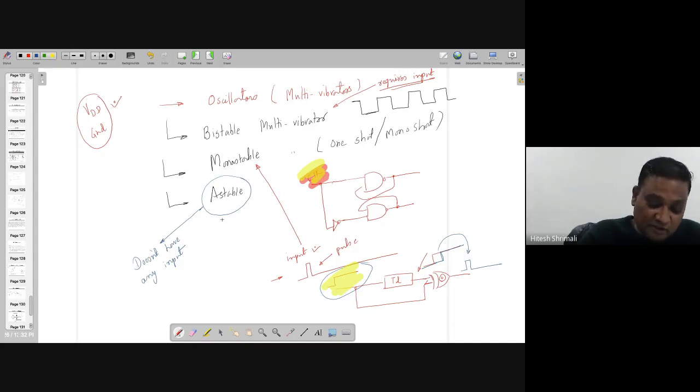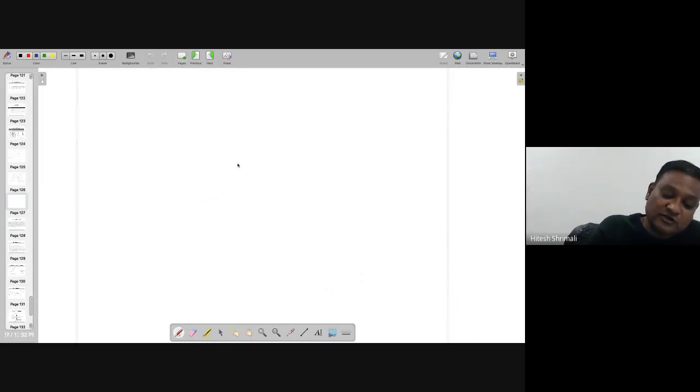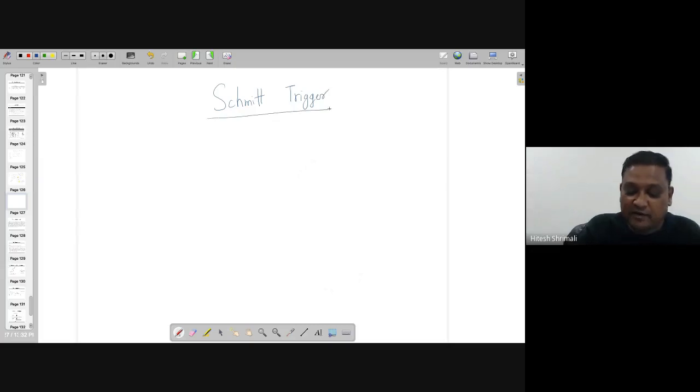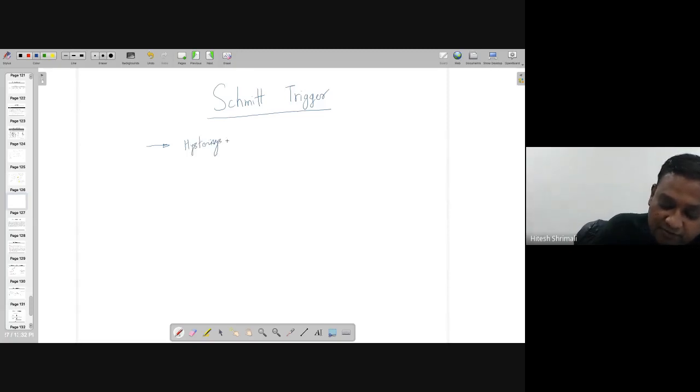But for the digital oscillator, let's start with the first thing, which is known as the Schmitt trigger. If you remember, the Schmitt trigger is the one which uses hysteresis. You know about hysteresis, I believe.